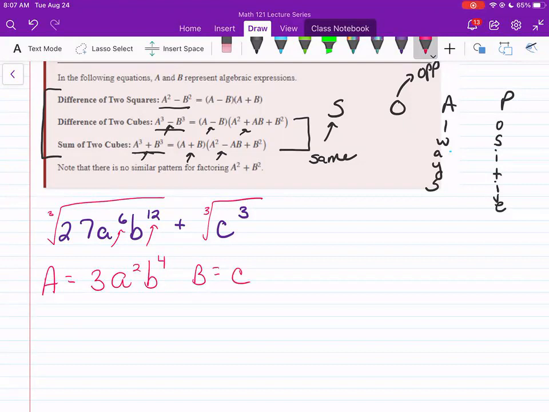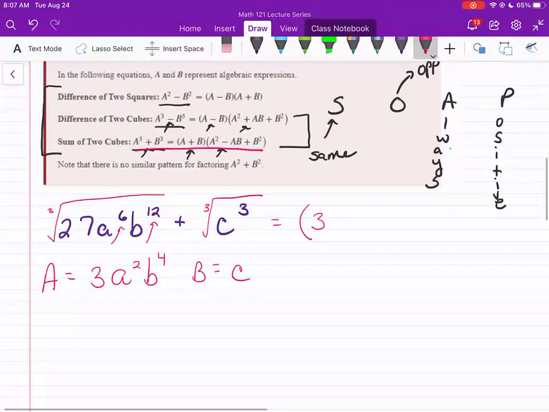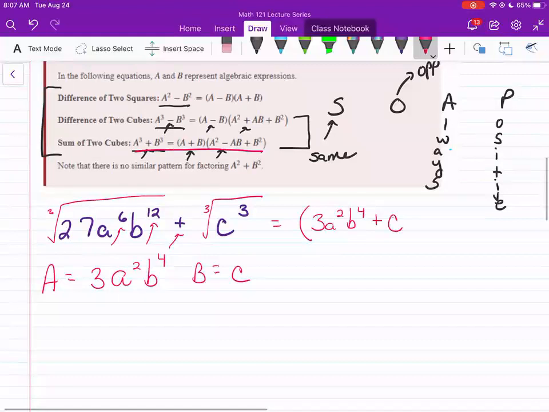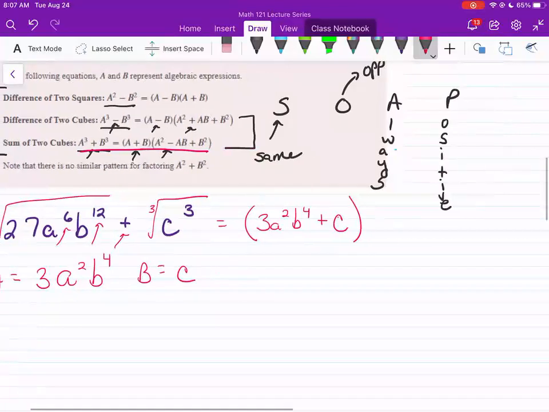And now we follow this pattern for the sum of cubes. To factor it, it's going to be a cubed, a for this first term, which is just 3a squared b to the 4th, plus, same sign as what we started with, b, which is just plus c, times a squared.